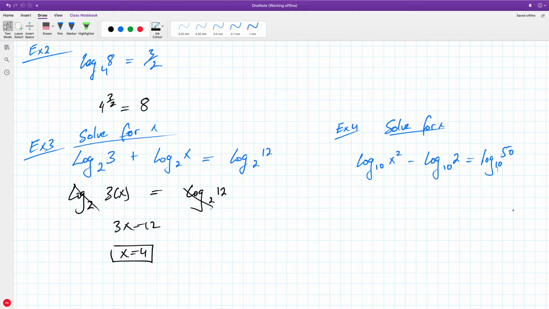Should we get x is equal to 10 and x is equal to minus 10?